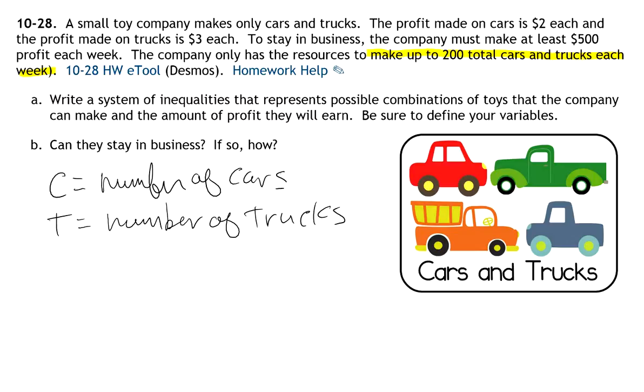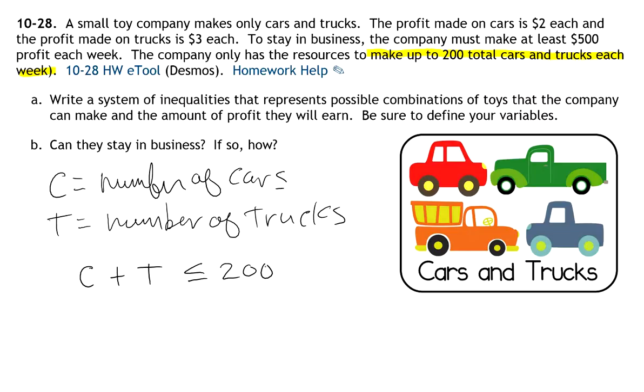And what we're saying is if you take the number of cars and you add that to the number of trucks, that total of objects cannot exceed 200. In other words, it has to be less than or possibly equal to 200. So there's an upper bound to the number of items that can be produced. That's one of our inequalities.